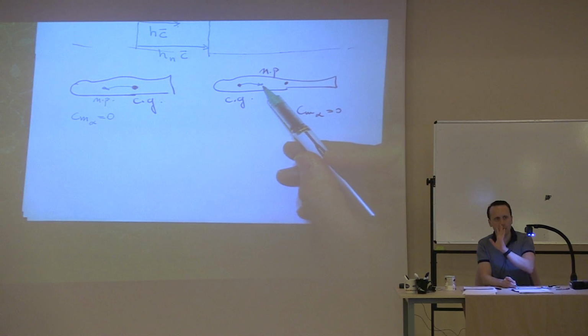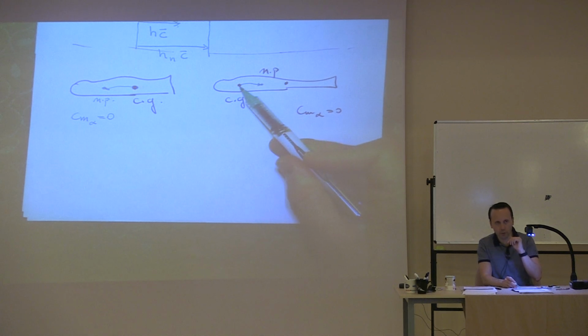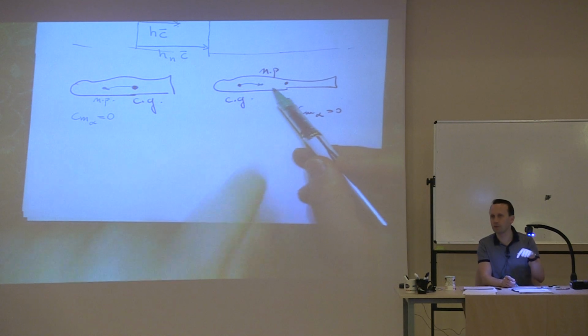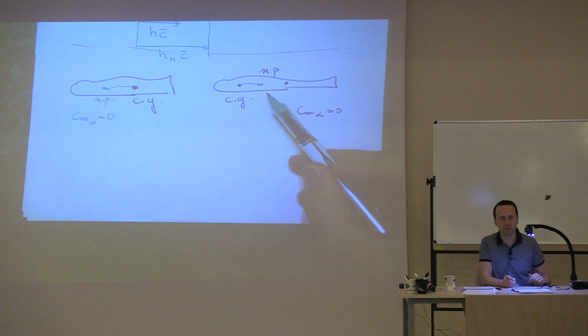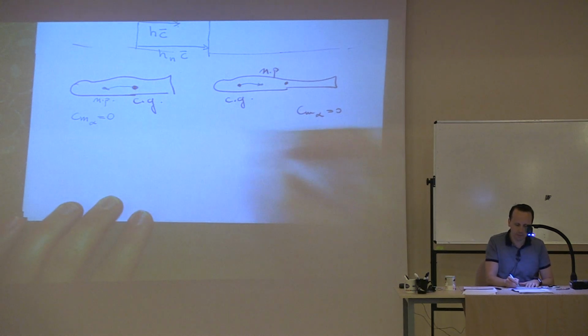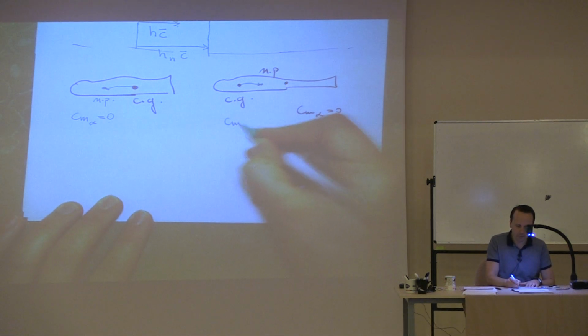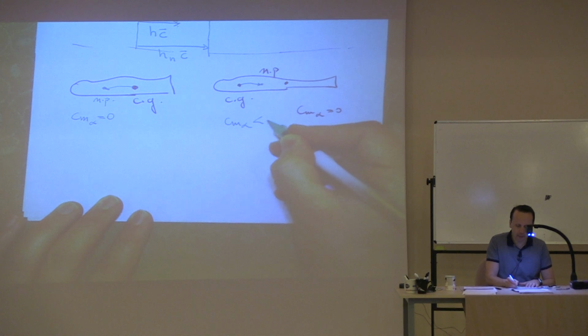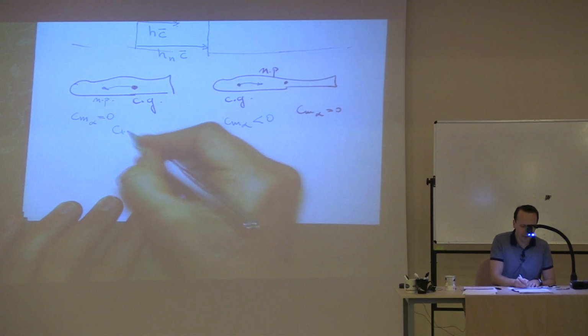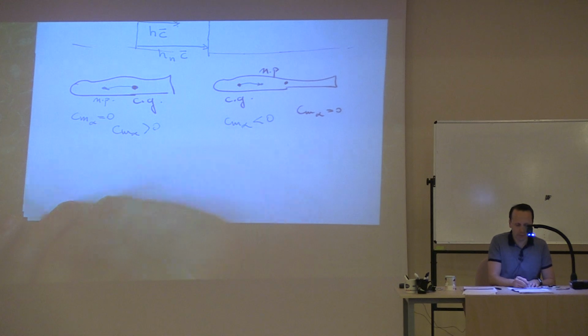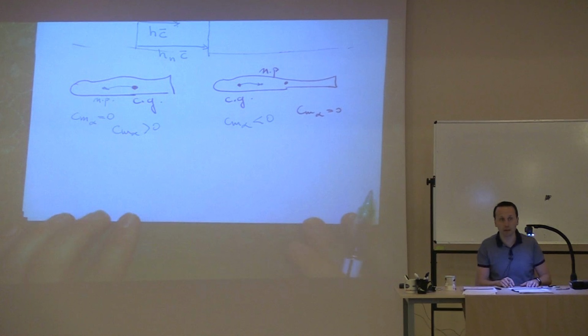Did I identify the neutral point? Yes. Is the CG, the real CG of the airplane, in front of the neutral point or behind the neutral point? It is in front. Okay, this airplane is a stable airplane according to our calculations, because Cm alpha will be less than 0 for this, and Cm alpha will be greater than 0 when the CG is over here.